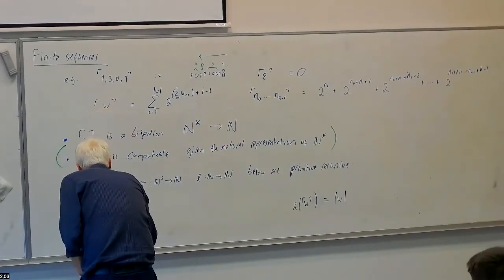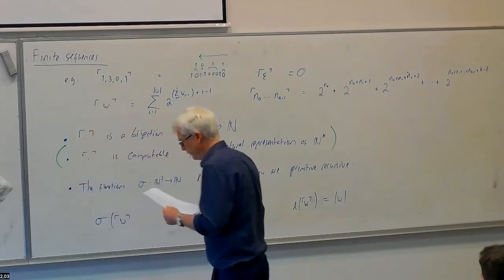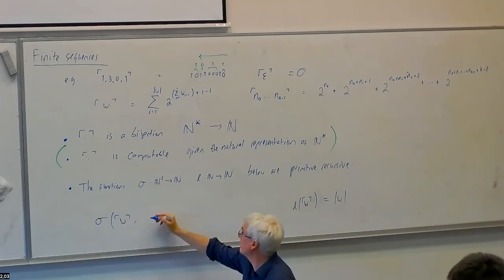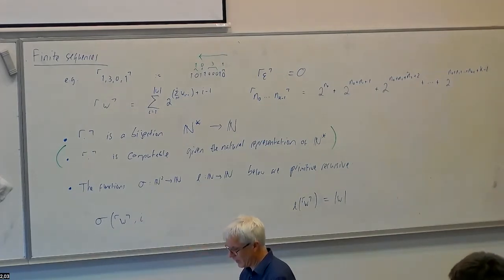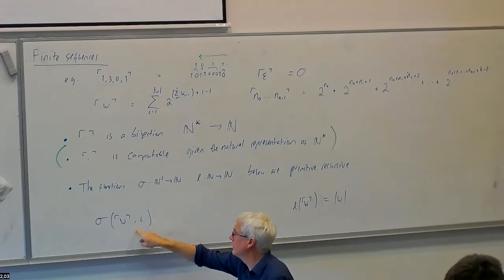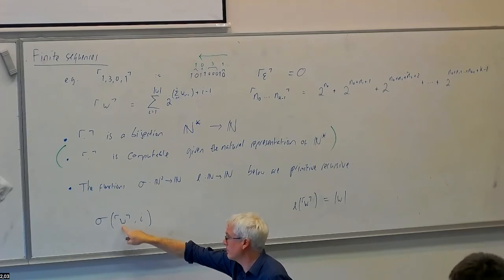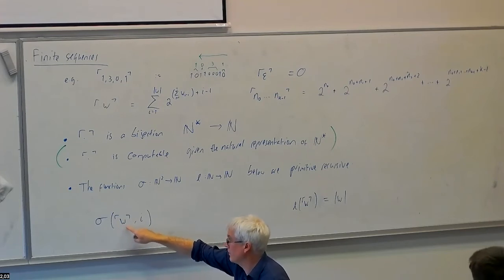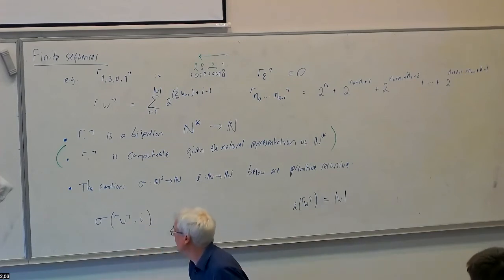And sigma, what it does, given an encoding of a word W and a position I, the idea is it's going to return the number in the word W at index I. So the first number in the sequence is at index 0, and there are numbers in the sequence all up to length of W minus 1.